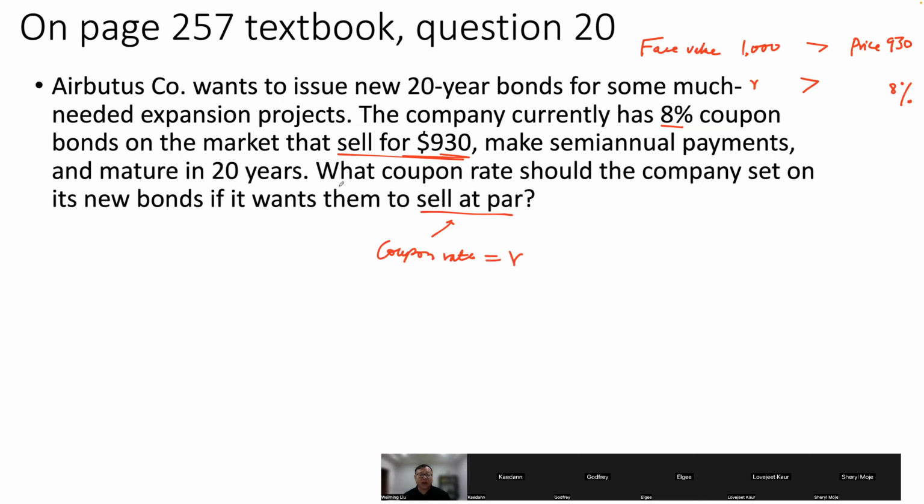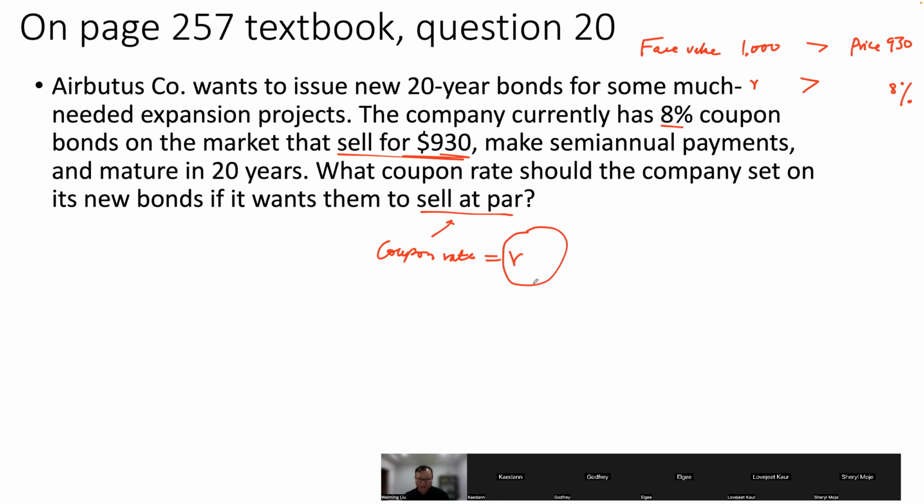So the question becomes for us to figure out what the market interest rate is.